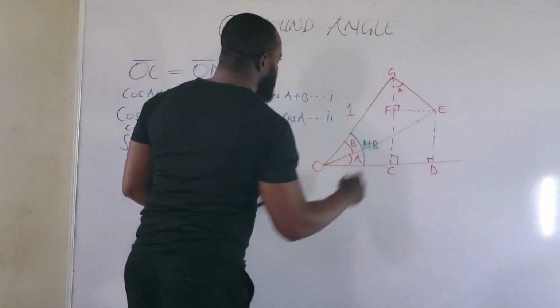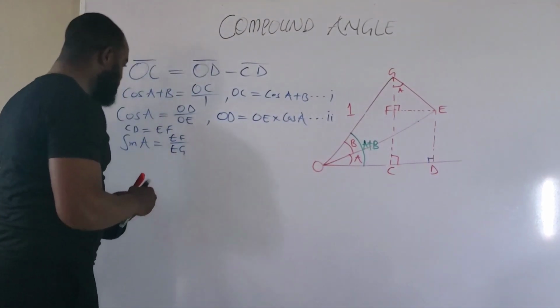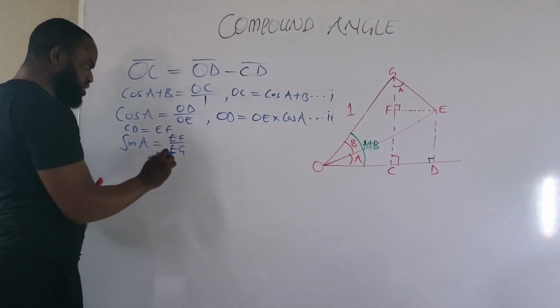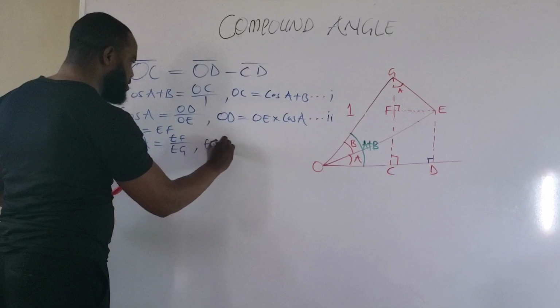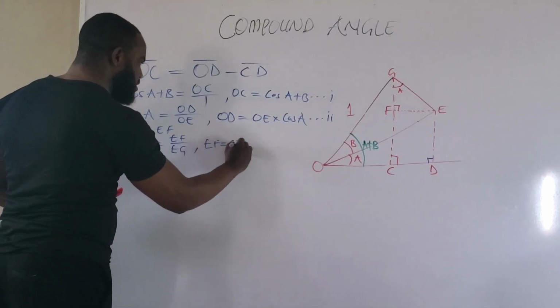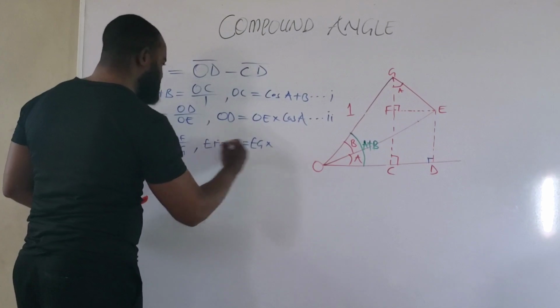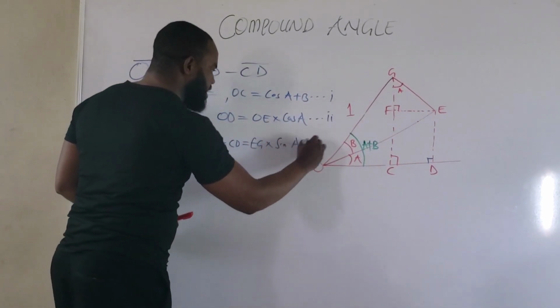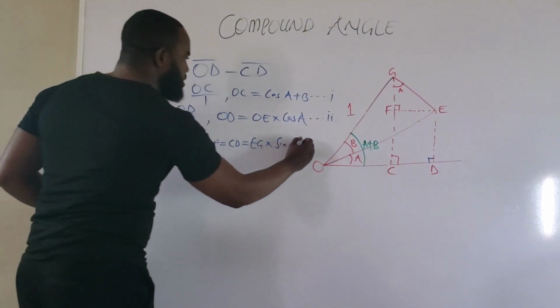The hypotenuse is EG. Now, multiplying both sides by EG, we have EF, which is the same as CD, equal to EG multiplied by sine A. Good. Let us call this 3.